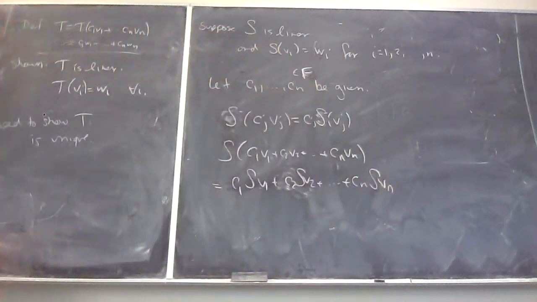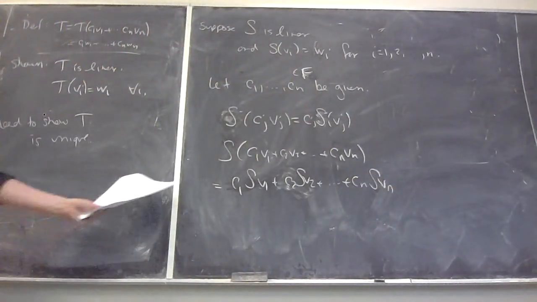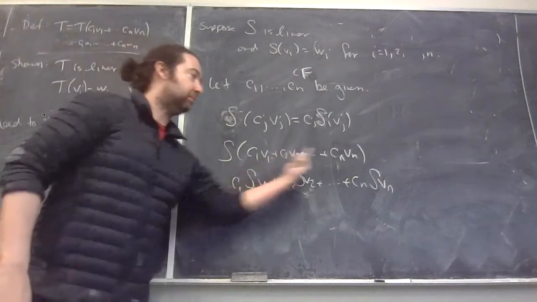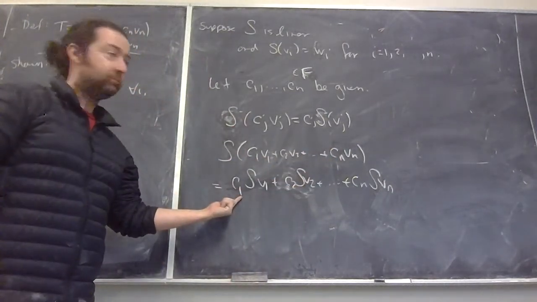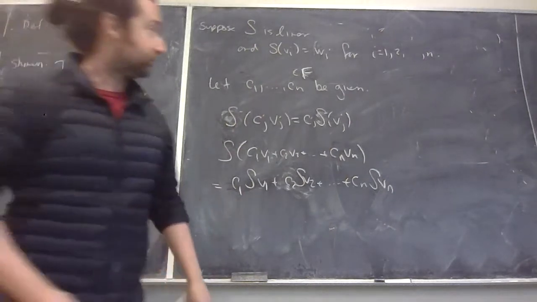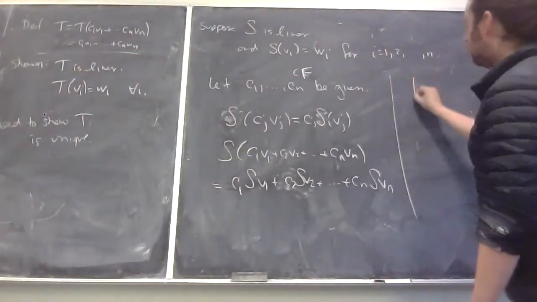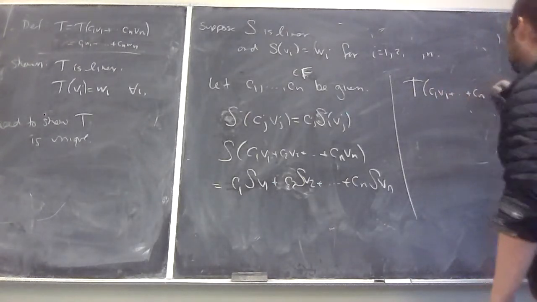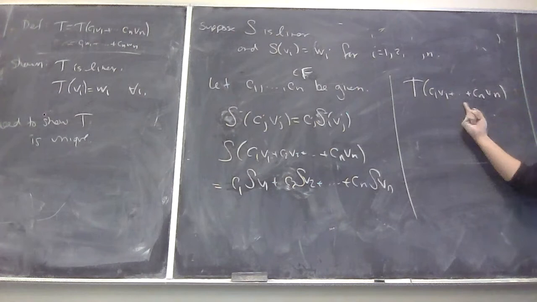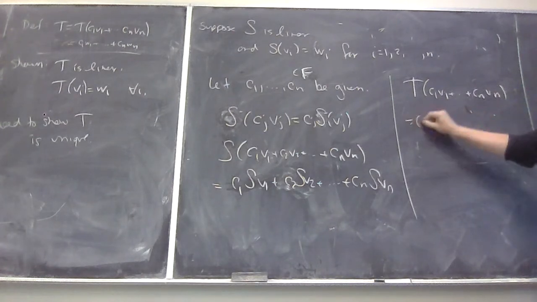Why is that true? Additivity, right? S is linear. I've got a bunch of sums, I can break it up, and then homogeneity lets me pull all the C's out. Okay, now, what is this equal to? Same vector. What does T do to it? This spits out this, right?